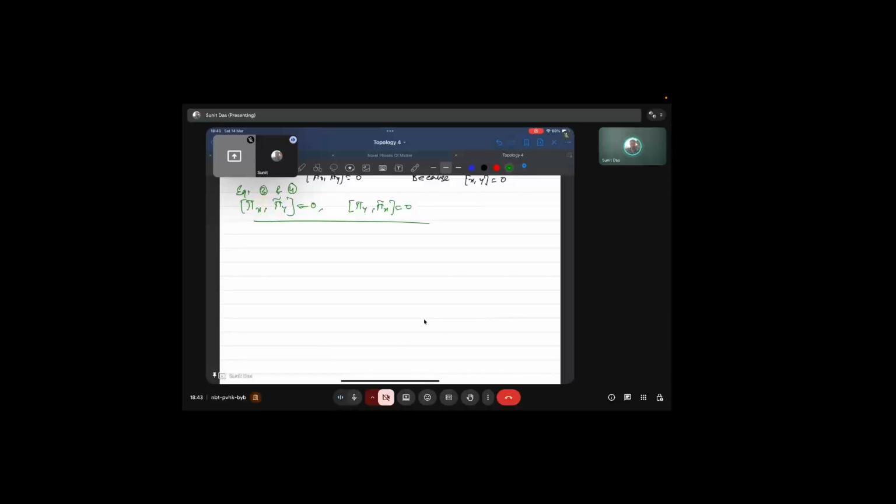If this is 0, and also we note that for pi x tilde and pi y tilde this was simply i e h bar B, then we can define some operators.